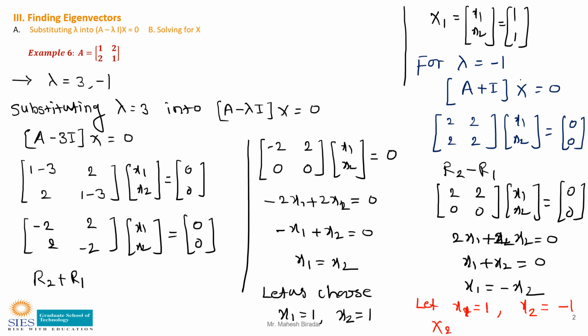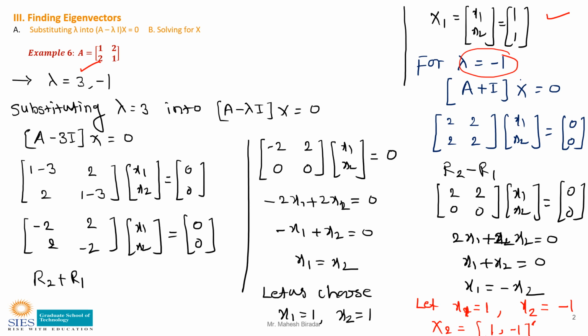So your second vector is 1 and minus 1. So for lambda is equal to 3, the first eigenvector is 1, 1. And the second eigenvector associated with lambda is equal to minus 1 is 1 comma minus 1. So this we have done for 2 by 2 matrix.